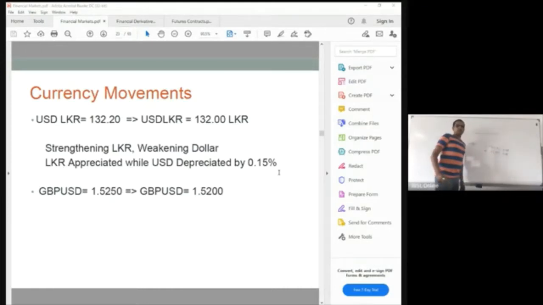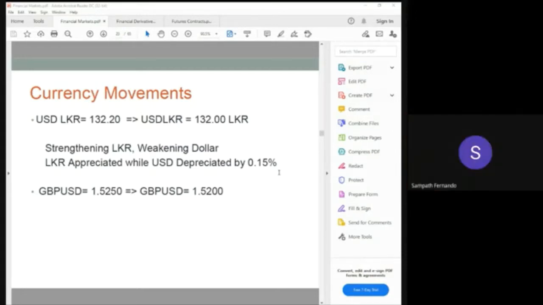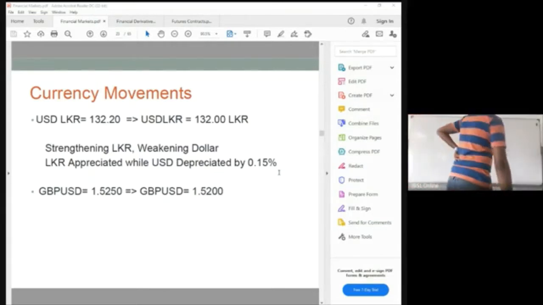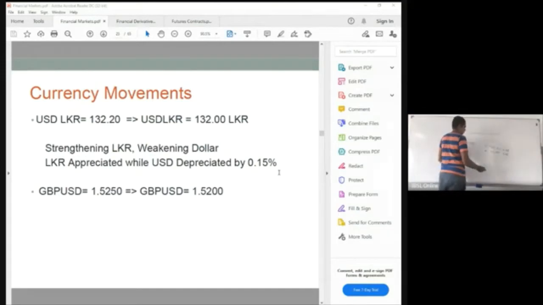This means the price of the dollar has gone up or down. Gone down. Yeah. And the percentage drop. It has dropped by 20 cents, isn't it? A 20-cent drop.